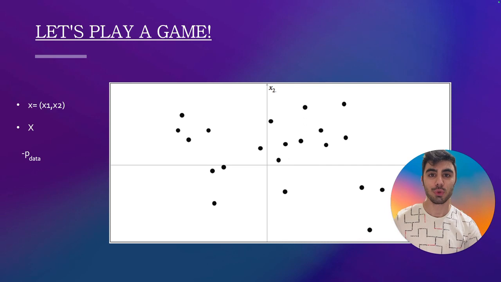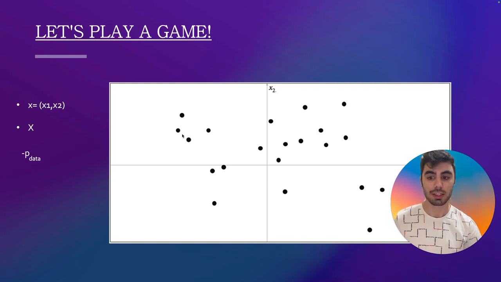So we don't know the rule, and these points are distributed according to that rule. The only thing that we have is what we see here, okay? As you can remember from the previous video, this is our data, okay?